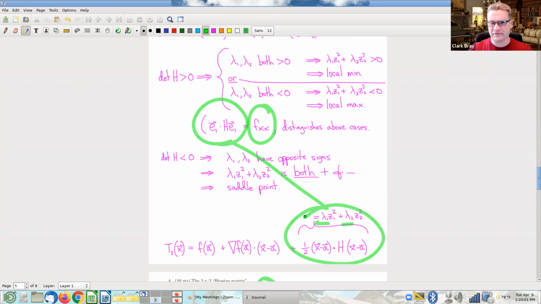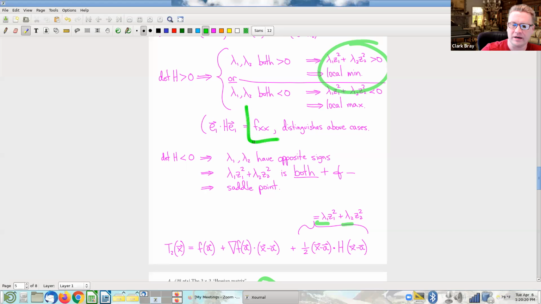If it's positive, then we know the expression is not always negative, and if it's not always negative, then it's always positive. We only have these two cases, so this is just a convenient little hack for distinguishing them.